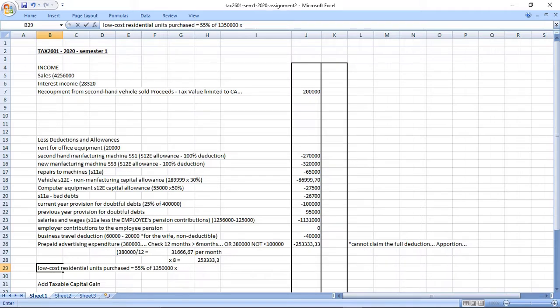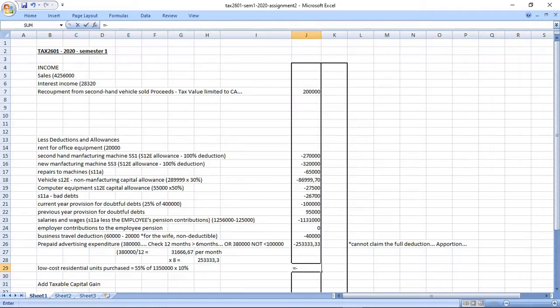All right, in terms of the low cost residential allowance, we would have to deduct a portion of that cost on a yearly basis. Let's get the amount.